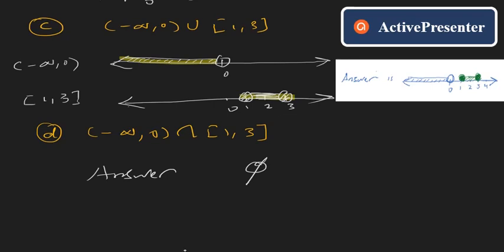There is no intersection between the two sets. This comes from negative infinity to 0 and stops, and we jump to 1 closed to 3 closed. So there is no intersection here. Okay?